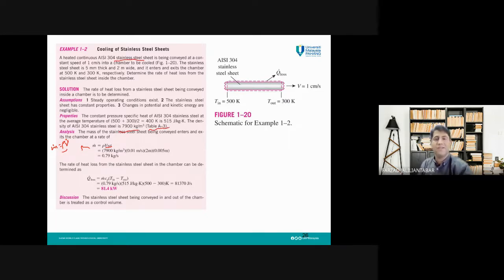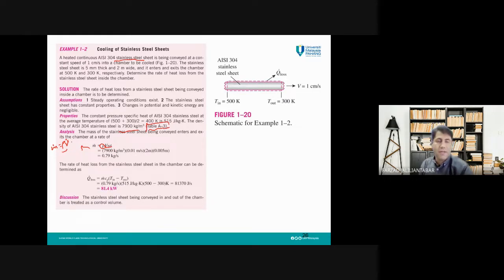In the final exam, midterm exam, or even in the quiz, for these properties like density, I should give you a table, or you need to refer to your textbook. So the density from the textbook table for stainless steel is 7,900 kilogram per meter cube.